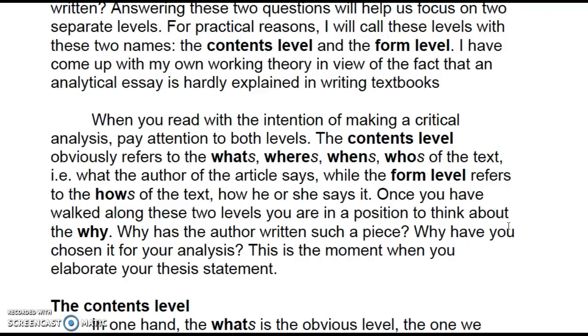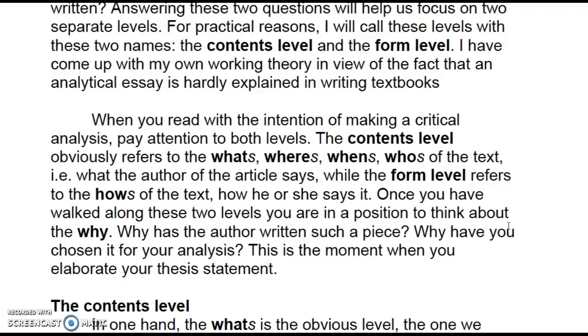For example, in the form level, is the author using reliable sources? Is it just an opinion essay or an opinion article? Are there authorities that have been quoted? What type of graphic material does the author present? Is the graphic material, like pictures, moving?